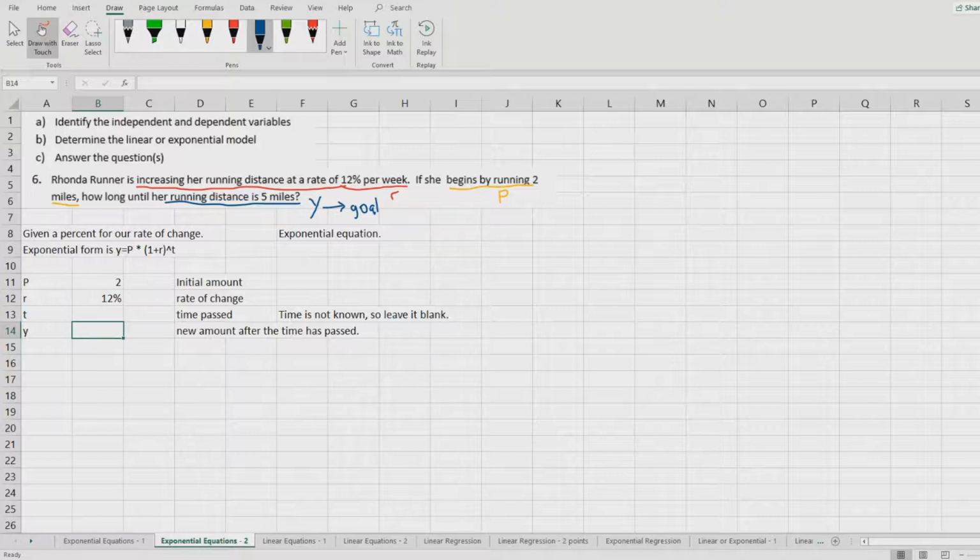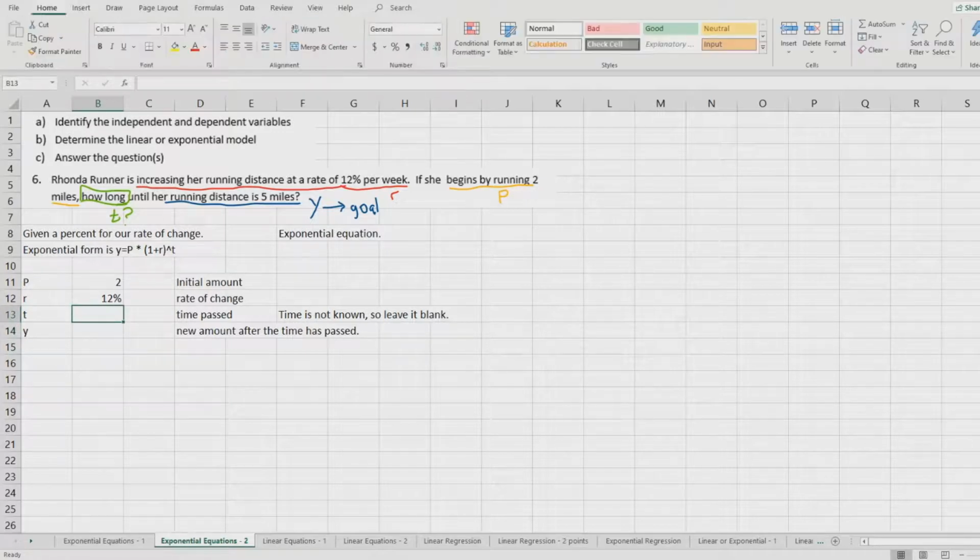We have to enter the formula normally and remind ourselves that t is actually our objective because they say the words, how long? And put a question mark next to that to say that we don't know that. So I'm going to click the T cell and paint it gold to show that we don't know that.